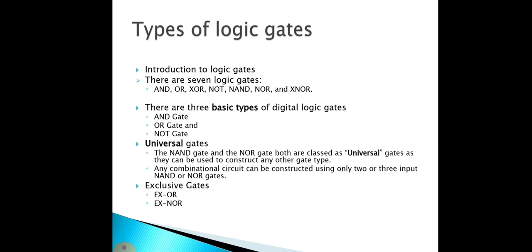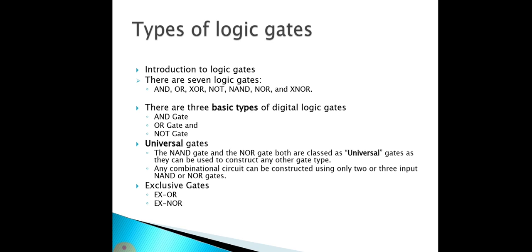Means if the input is logic 1, output will be logic 0, and if input is logic 0, output will be logic 1. Means if the input is 1, output will be 0, and if input is 0, output will be 1.